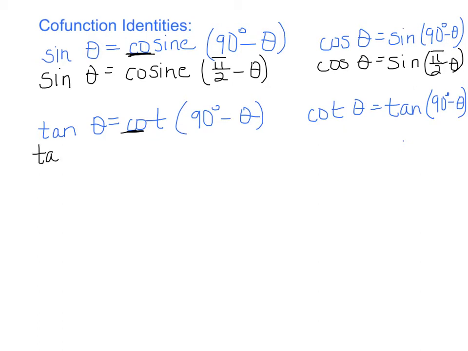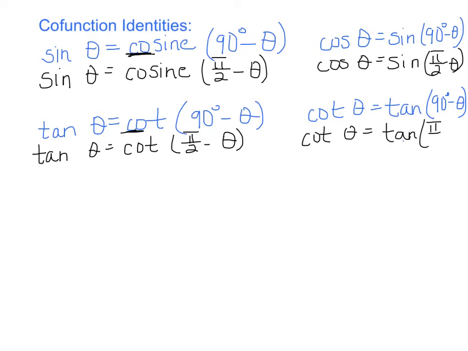And if they give it to you in radians, you're going to do the same thing as before. You'll use pi over 2. And the same thing over here. You'll just change the 90 to pi over 2.